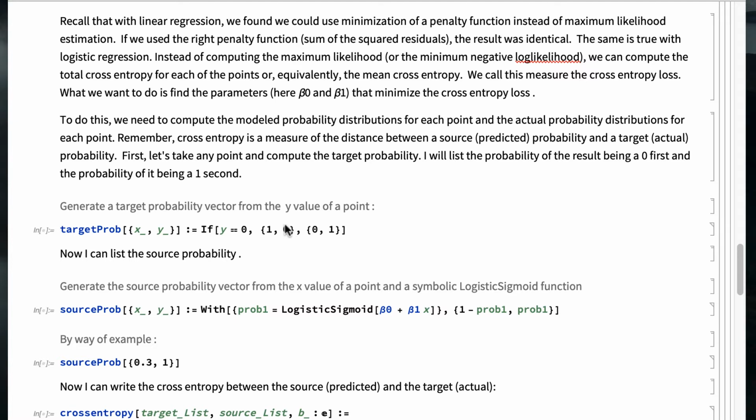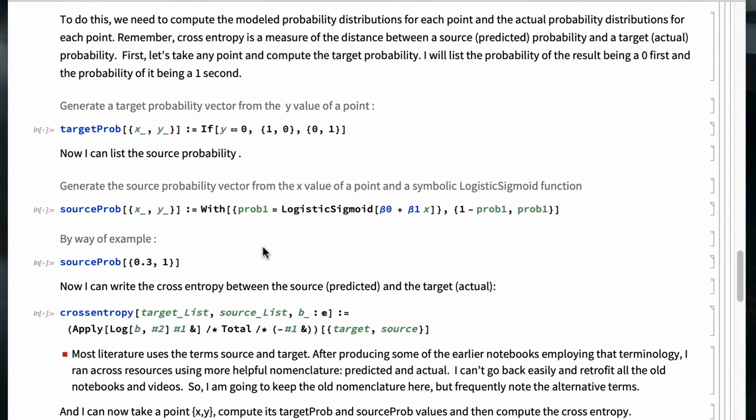I'm going to put the probability of it being a 0 first and the probability of it being a 1 second. So we have a little probability vector here. But if y is not 0, in which case it's 1, then our probability vector says there's a 0% chance that it's 0 and a 100% chance that it's 1. Okay? So that's for the target, where we're certain it's either a 1 or a 0.